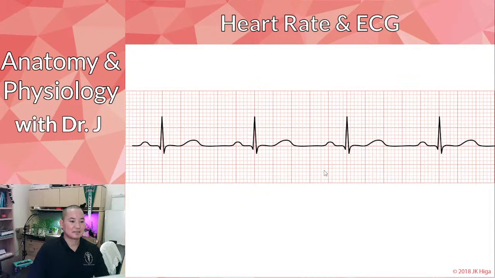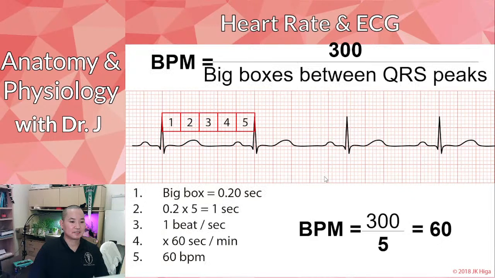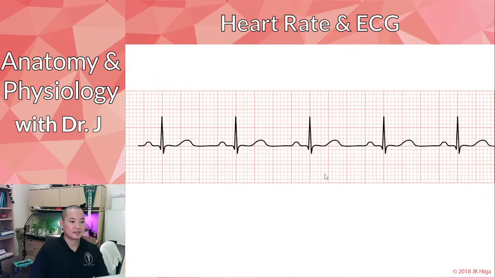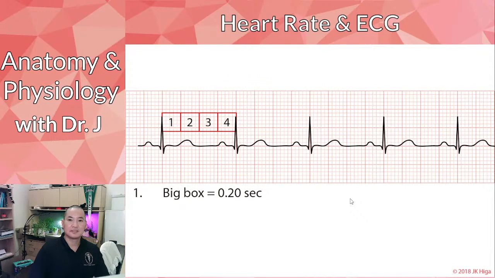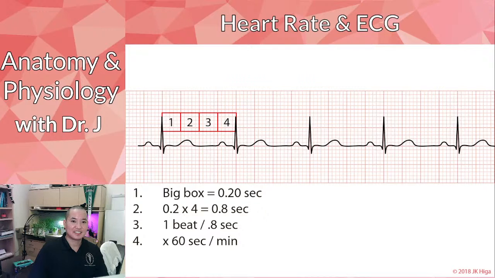And the other thing is, say we go from here to this, and then how about this? Well, now we have 4 boxes. So what do we do? You could do the big box method, multiply by the amount of seconds, put 1 beat over 8 seconds, do the dimensional analysis, and convert it to 7.5 beats per minute.